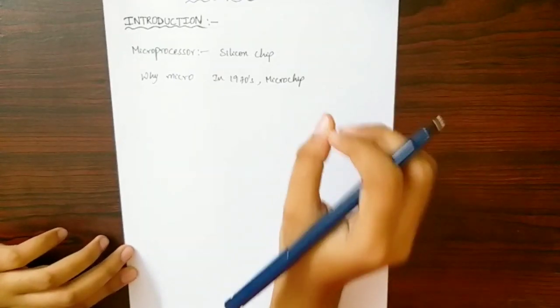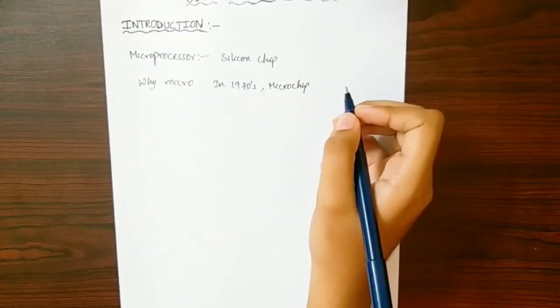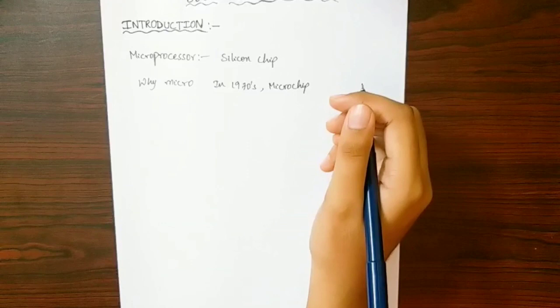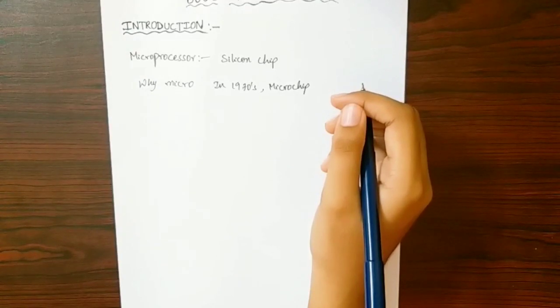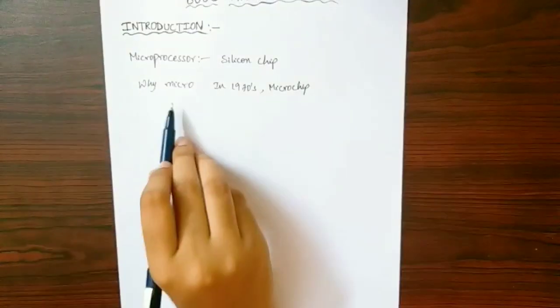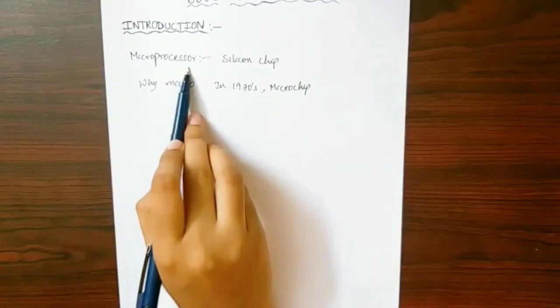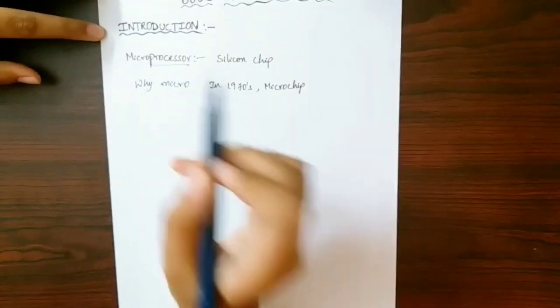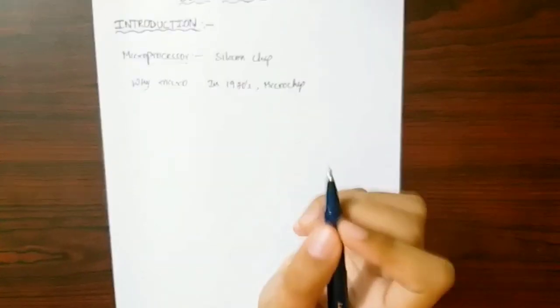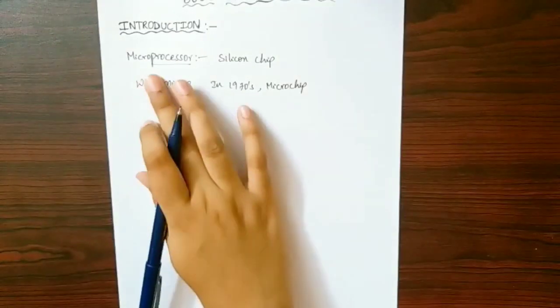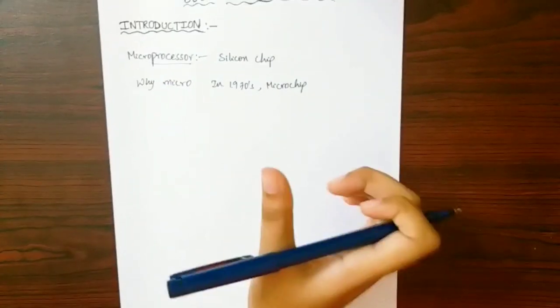With this microchip we can reduce the size of the silicon chip, so the overall size decreases by 1000 times. So the name micro came into existence, and processor means the device which processes binary numbers, either zeros or ones. The combination of micro and processor becomes the word microprocessor.